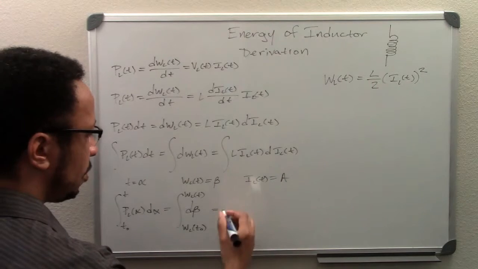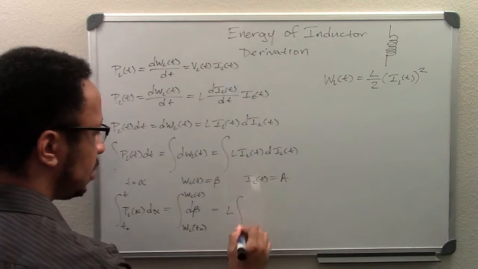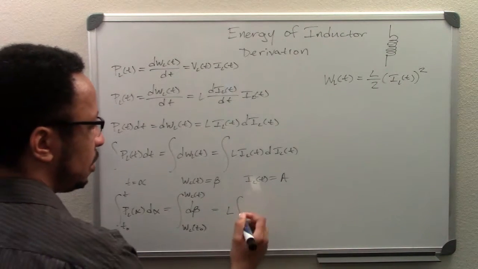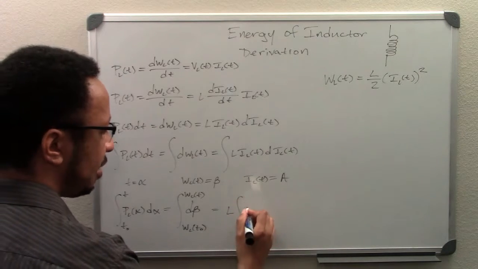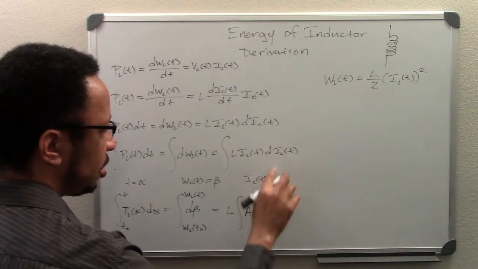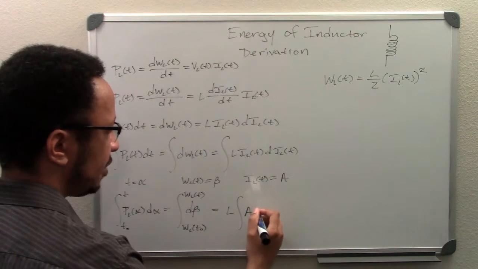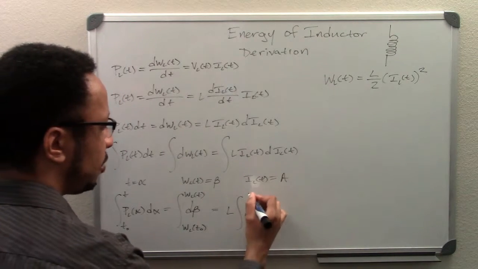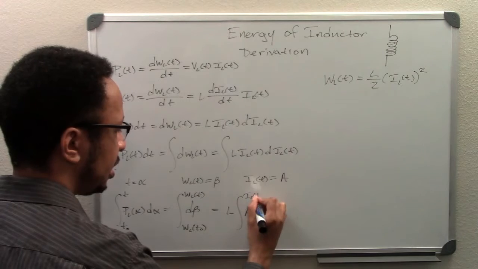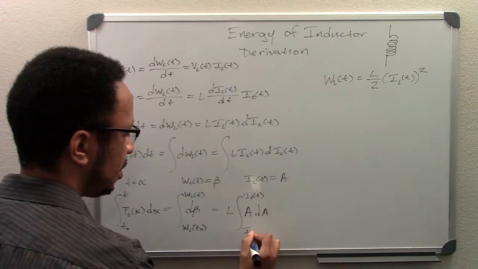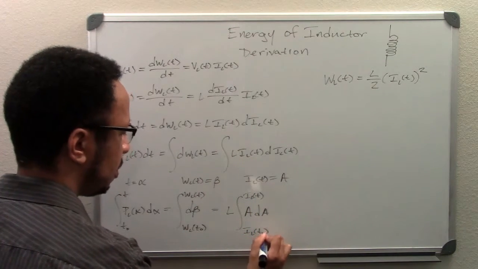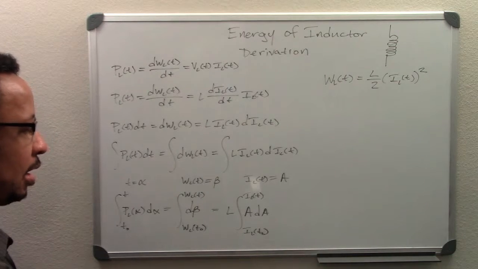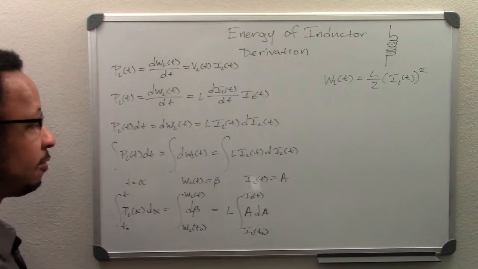Then we'll bring out L in front here, and in place of i_L(t), we have A, and in place of di_L(t), we have dA. Our upper limit will be i_L(t) and our lower limit will be i_L(t sub 0). And we'll carry on with our integration from that point on.